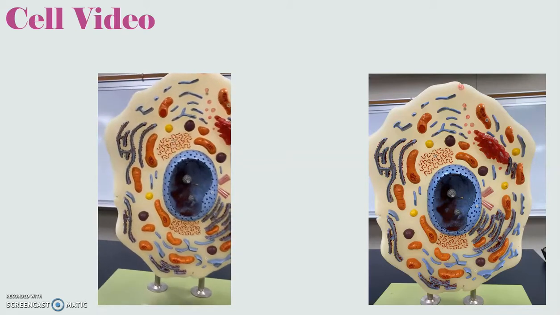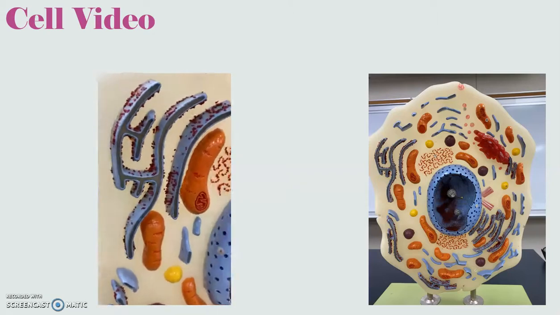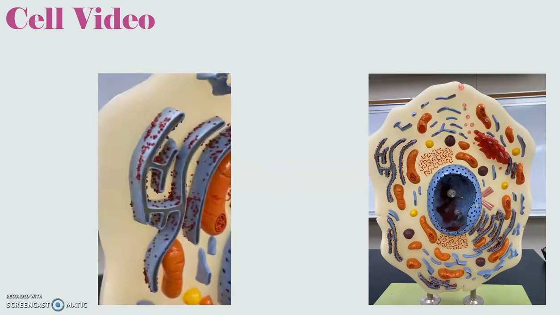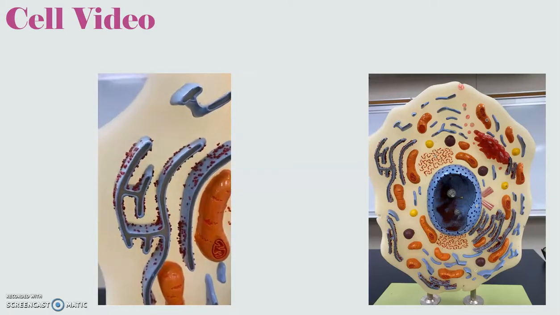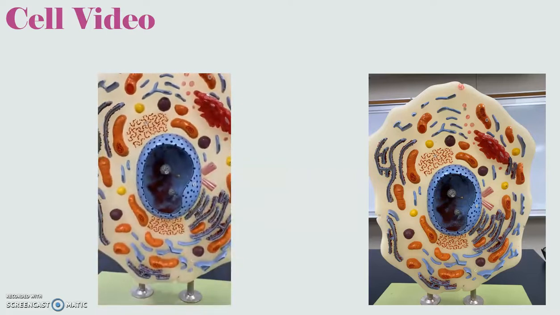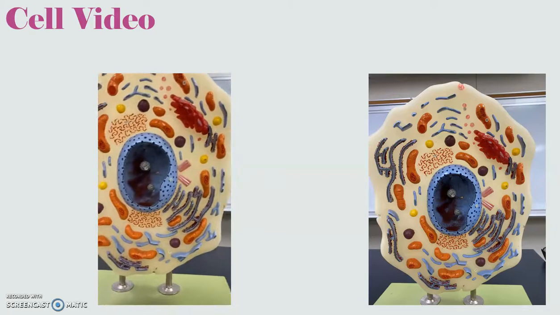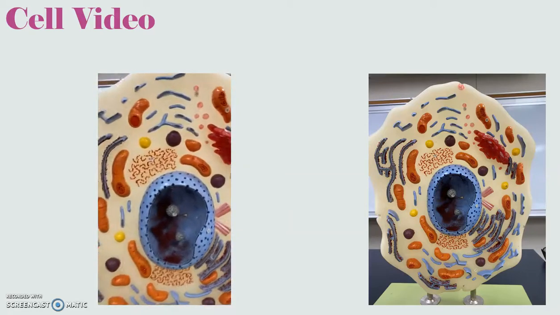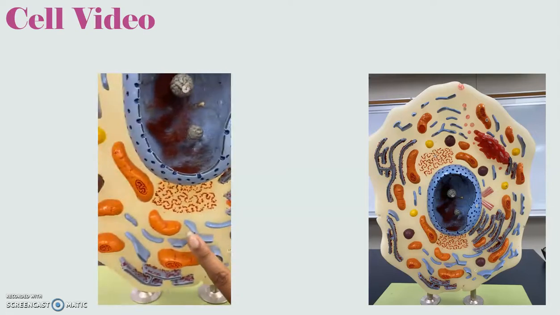But if you take a look here, let's zoom in, and you can see that those red structures are attached to that blue membrane there. So these are ribosomes that are attached to a structure, and that structure is called the endoplasmic reticulum. You can see that it's found all over the cell, okay? So you see this blue structure here, that's the endoplasmic reticulum.